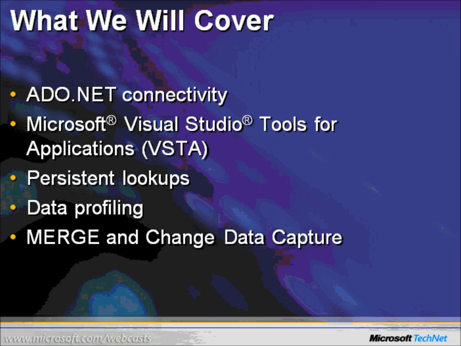VSTA stands for the Visual Studio Tools for Applications. We're also going to take a look at what we can do with our persistent lookups, as well as data profiling. And then at the end, we're going to take a look at merge and change data capture to give us some support for maybe we have some slowly changing dimensions inside the data warehouse.